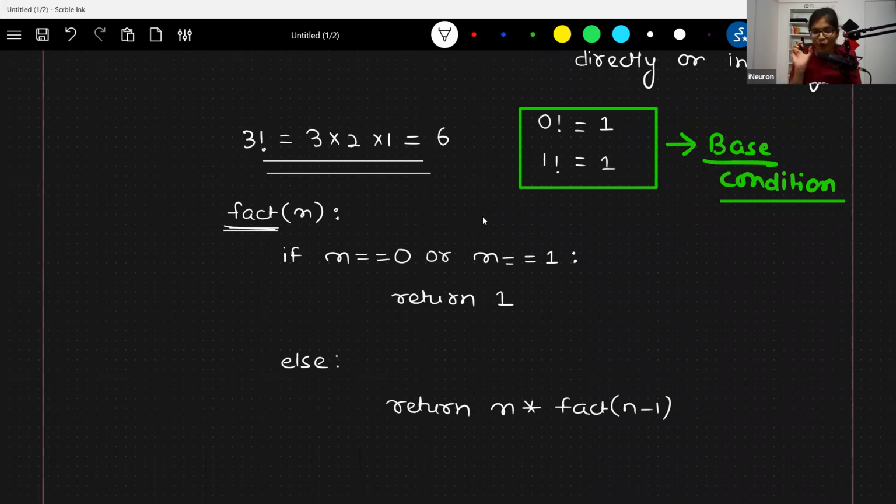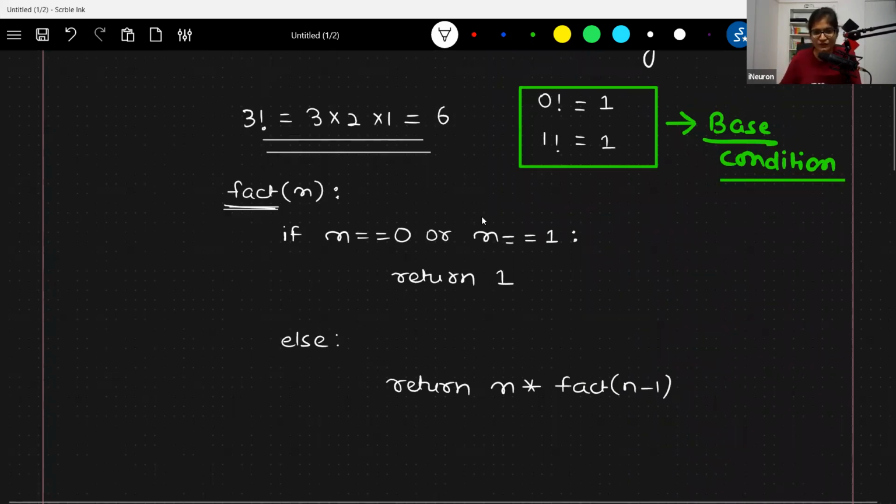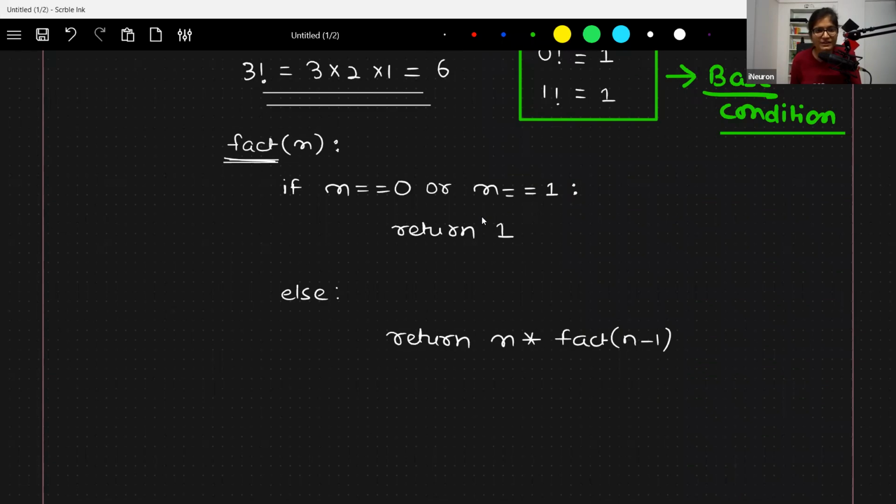Now, if you observe this function, first of all, what is recursion here? This is the function name, and I am calling the same function again inside it. I am calling the same function inside the code. So the fact function is repeating itself.